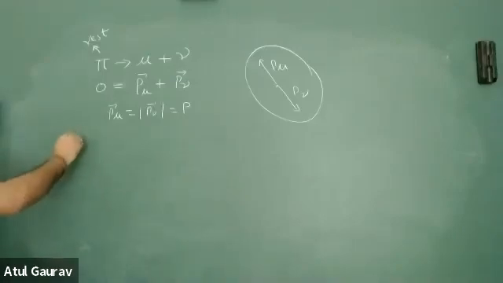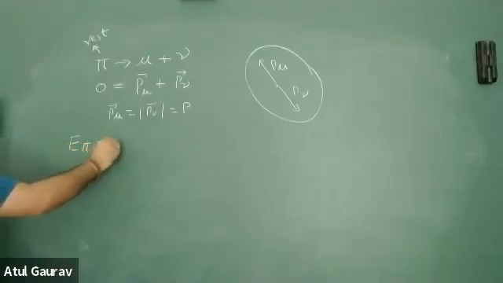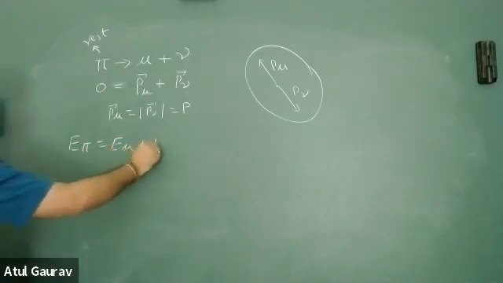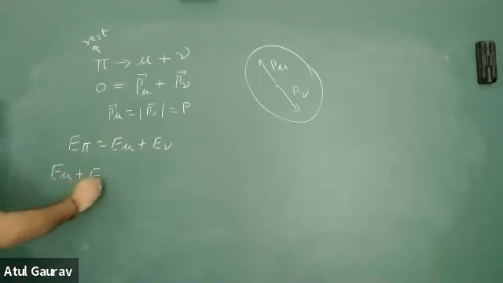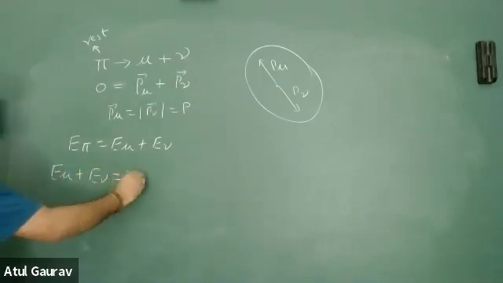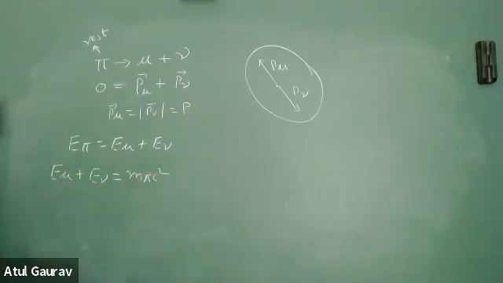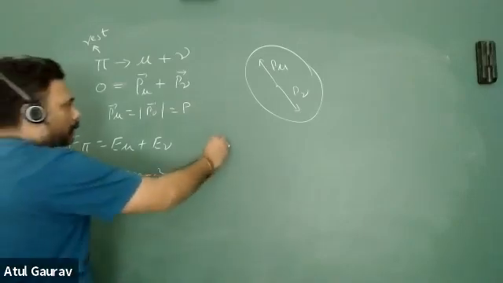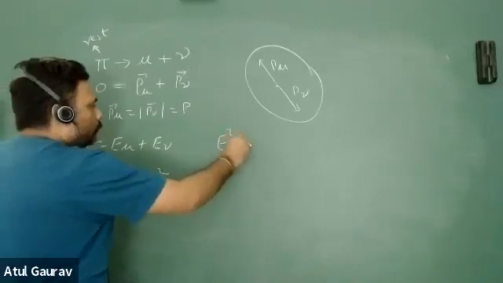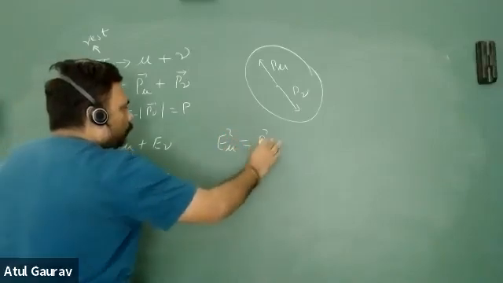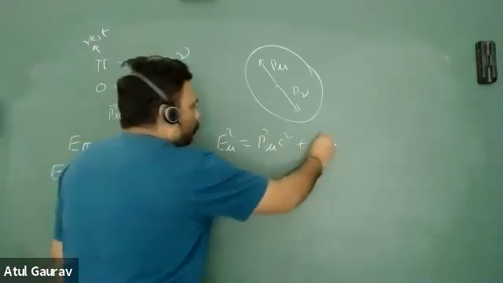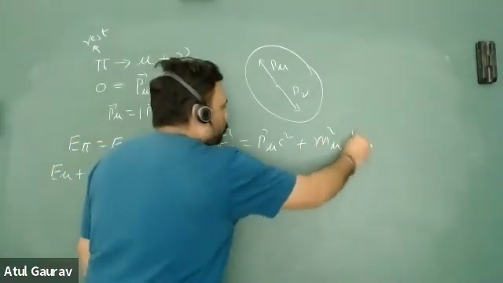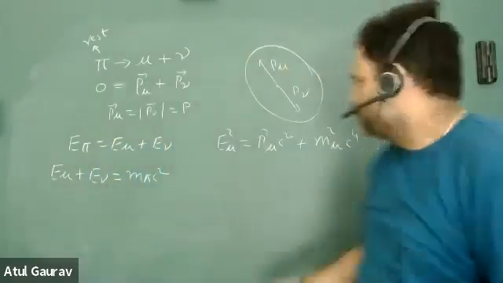So we have E pi is equal to E mu plus E nu. So what is E pi? We have E mu plus E nu is equal to m pi c square, and here we have E mu square is equal to P mu square c square plus m mu square c4, just the energy equation.